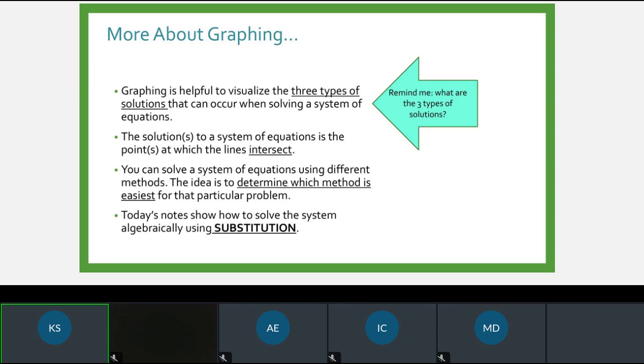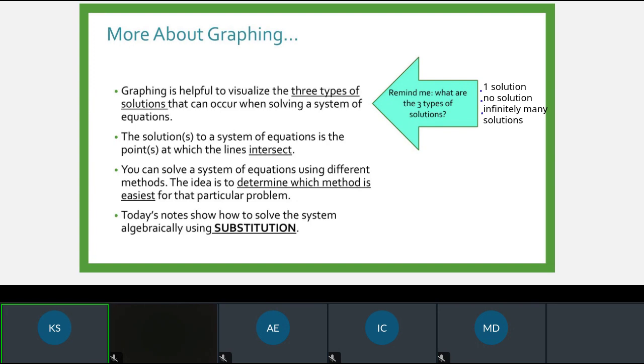One solution, no solution, or infinitely many solutions.